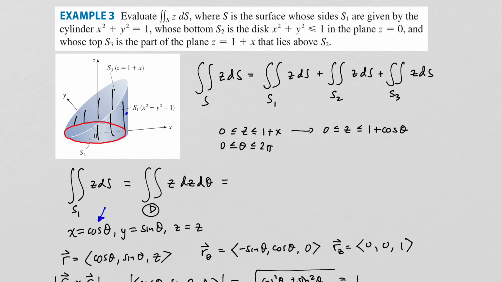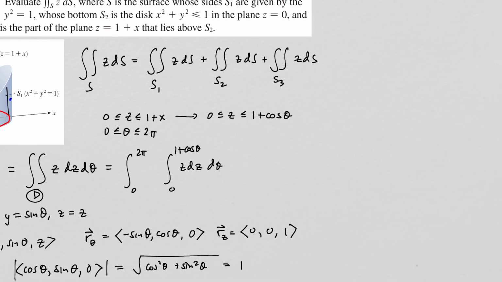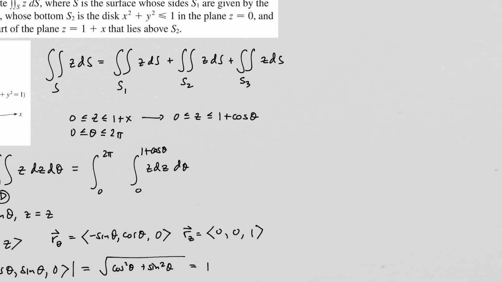Okay, so this is going to be the integral from 0 to 2 pi d theta, integral of z dz from 0 to 1 plus cosine of theta. And I need to keep my d theta over here. And then we're just going to evaluate this.